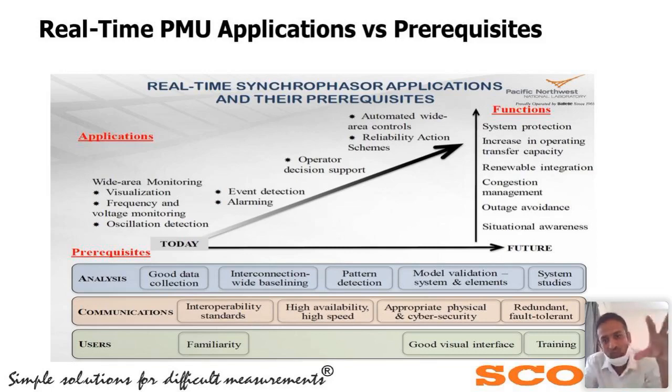We'll learn all of these, and also the role of the PMU in today's world and tomorrow, the actual final goal of this advanced network, and exactly what those functionalities are. So I'll take a few questions meanwhile before I go into the PMU subject.